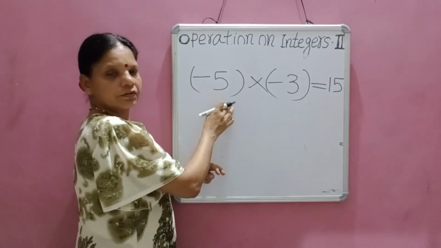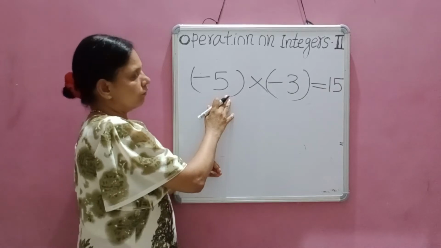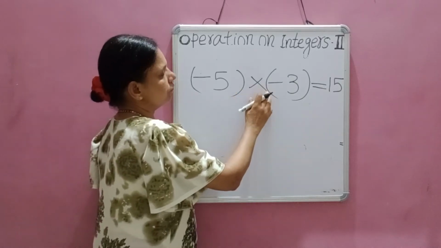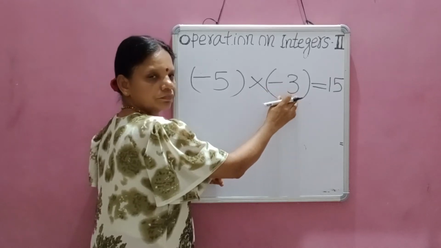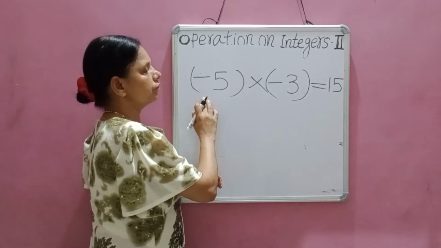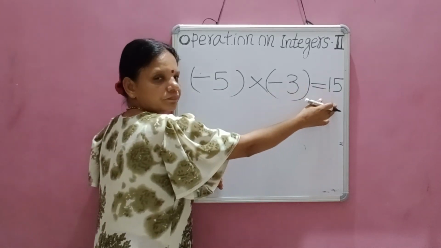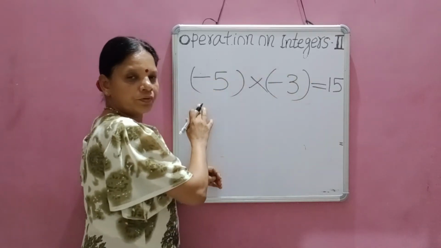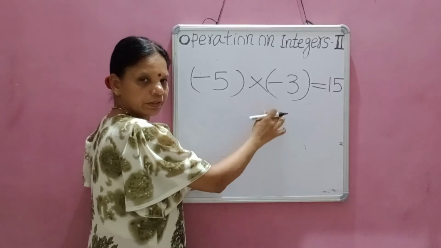What is the meaning of minus 5? Opposite of 5. What is the meaning of minus 3? Opposite of 3. So opposite of 15. Opposite of minus 5, opposite means minus.